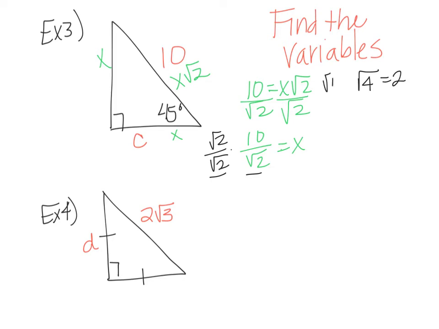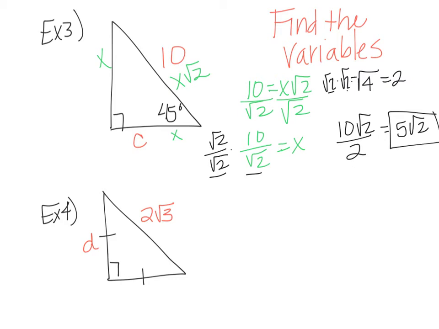You just multiply these numbers, and the square root of 4 is 2. So what happens in this problem is on the top, you just get 10 square root 2, and the bottom just becomes 2. And then you reduce that. 10 over 2 is 5 square root 2. So my C in this case is 5 square root 2.